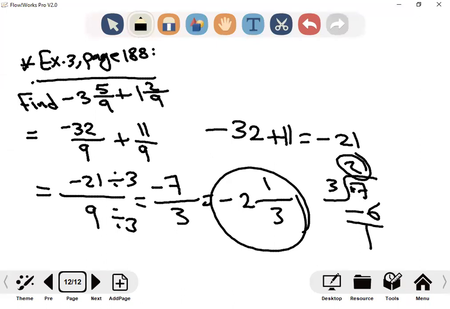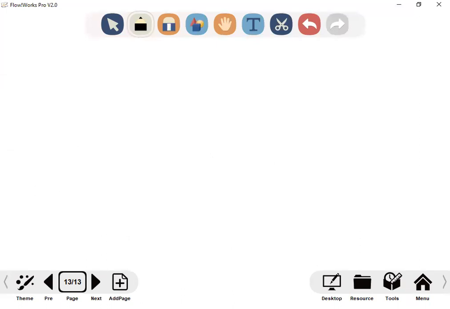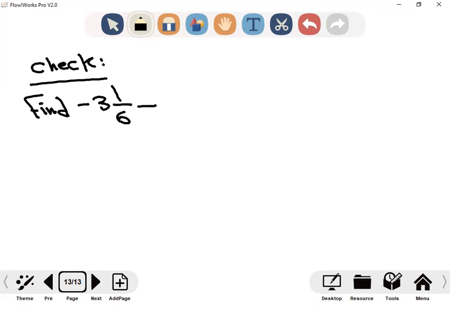Okay, let's do the check now. After this example, we have a check. Let's do it together. Find negative 3 and 1 over 6 plus minus 2 and 5 over 6.